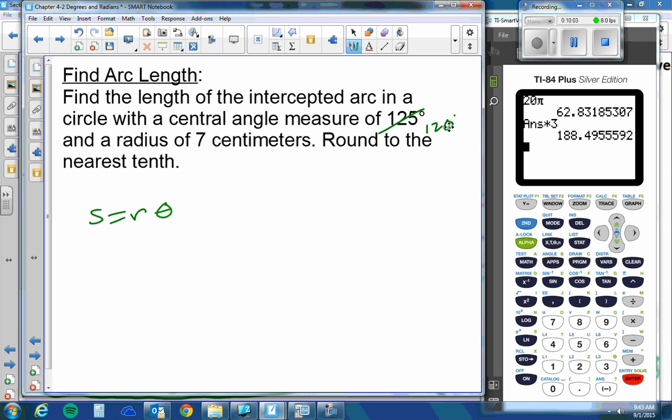A third, because 360, right? 12 goes into 36 3 times. You should realize that. It's a third. So this was arc length. What is the circumference of the circle if that's the radius? 2 pi r, 14 pi. Good job, right? Take a third of that. That means the answer is 14 pi over 3, and you're done.